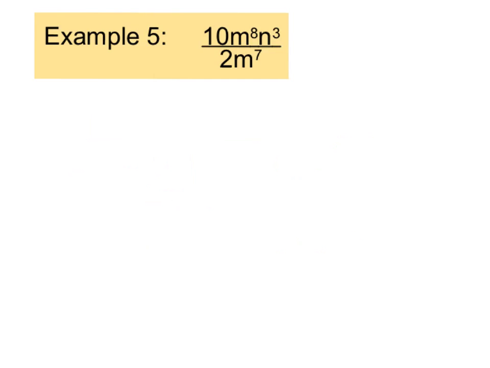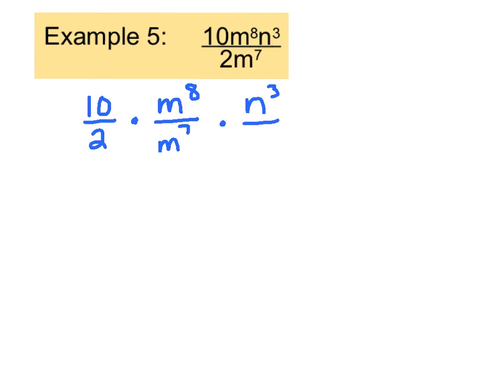I can really look at this as, let's take this quotient of just the numbers as one separate part of the problem. I'm going to take my quotient of m's as a separate part, and I still have that n to the 3rd. Remember we said we can always put that over 1, since there are no n terms in the denominator.